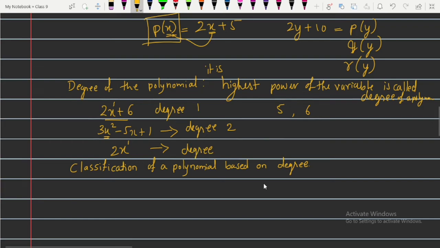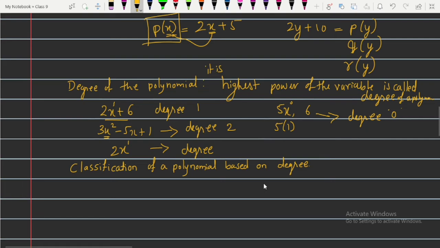For a constant polynomial, like 5 or 6, any number, what is its degree? Instead of 5 we can write 5 into x raised to 0, and anything raised to 0 is 1. So the degree of a constant polynomial is 0.